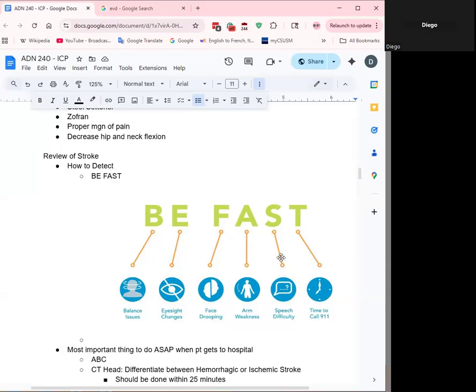So you'll see the arm drift downward, but you'll also see the rotation of the arm. That one's a more accurate way of determining that.